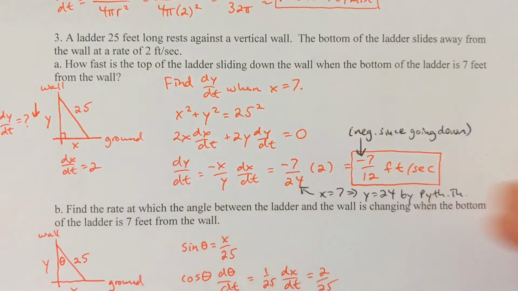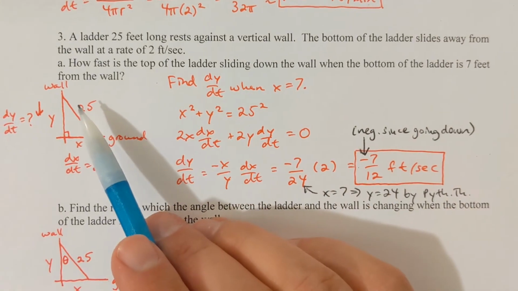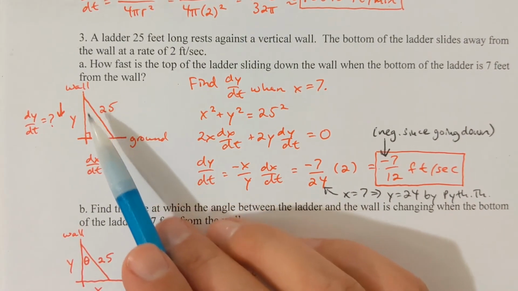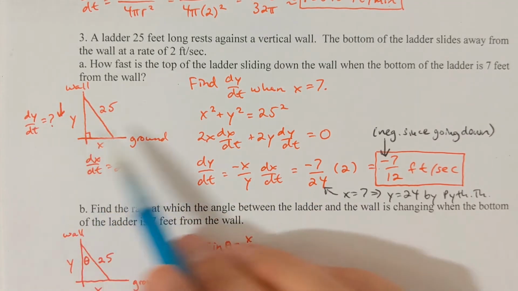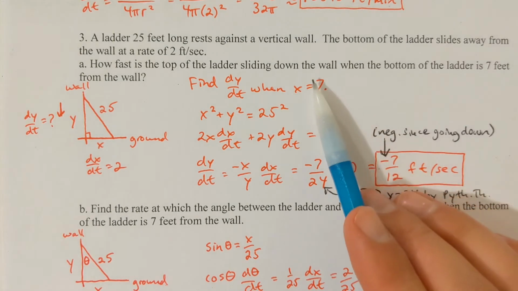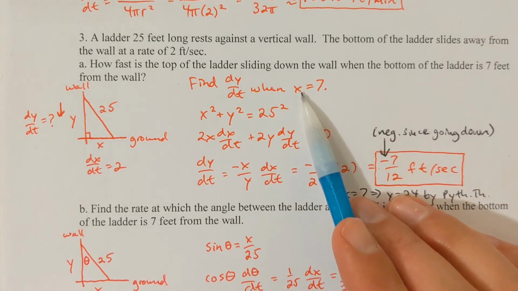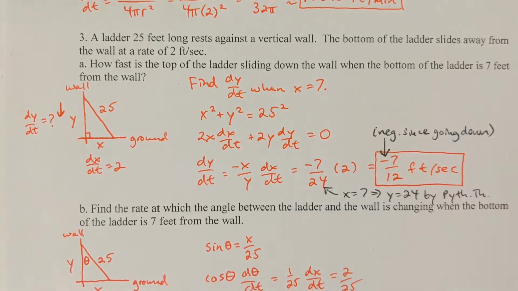How fast is the top of the ladder sliding down the wall when the bottom of the ladder is 7 feet from the wall? Okay, so the thing that we need to find here is how y is changing. We need to find dy/dt at the moment in time when x is 7 feet.